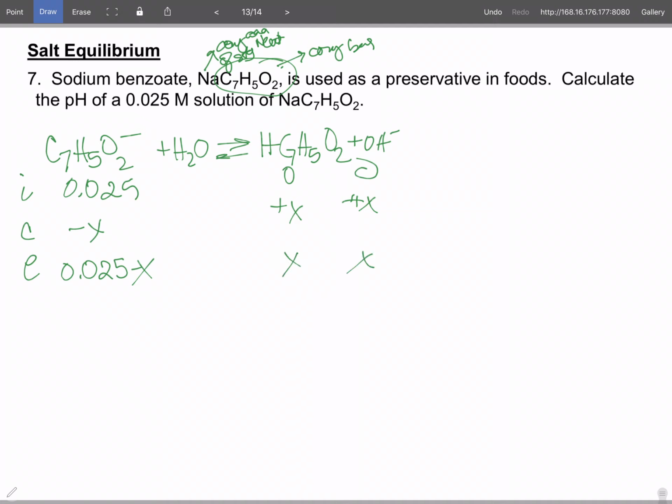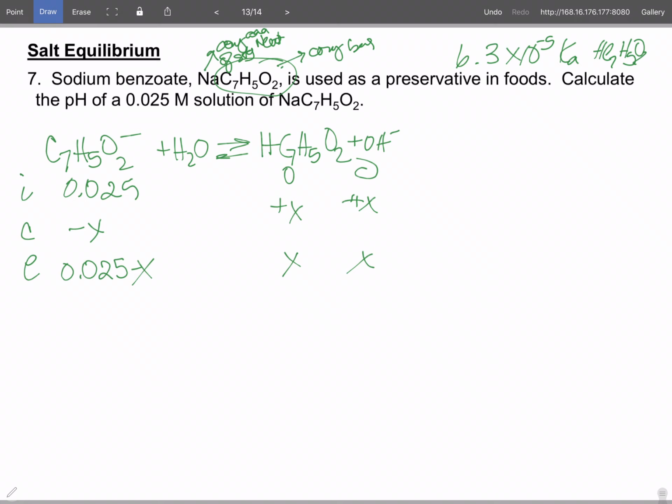Now, I would need benzoate's Ka, which is 6.3 times 10 to the minus 5. That's the Ka of benzoic acid. So we want the pH.